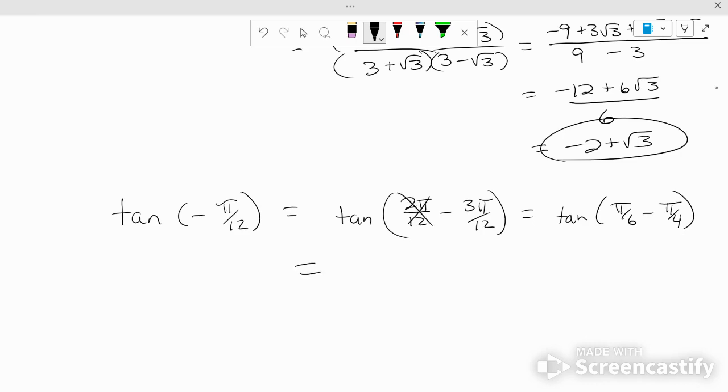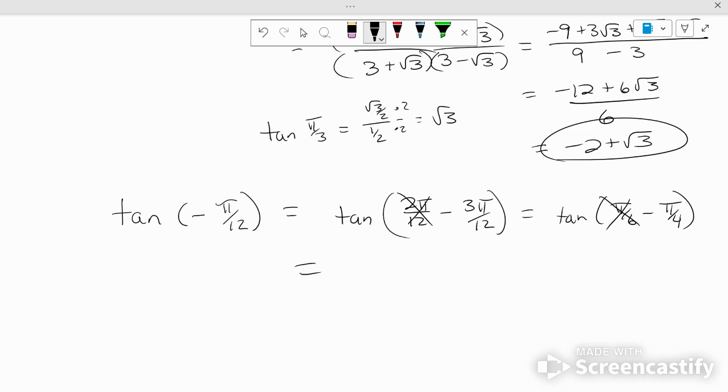I don't like pi over 6 with tangents because it involves fractions. What's a tangent of pi over 3? Well, the tangent of pi over 3 is square root of 3 over 2 over 1/2, right? Which, if you multiply both the top and bottom by 2, is just the square root of 3.